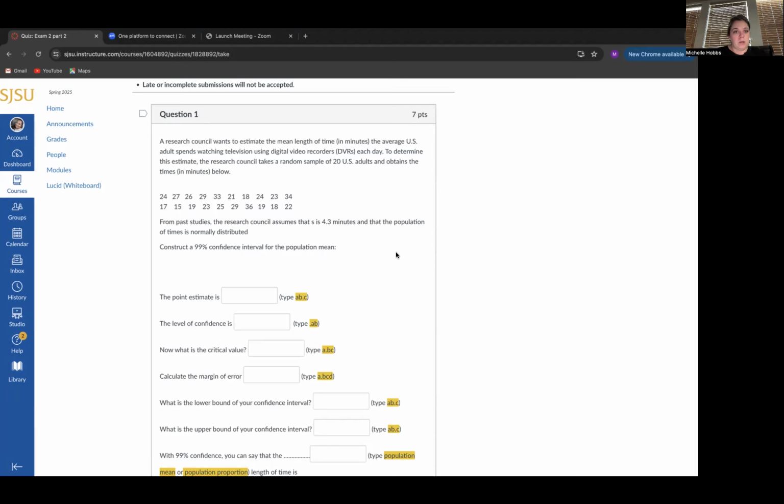A research council wants to estimate the mean length of time in minutes the average US adult spends watching television using digital video recorders each day. To determine this estimate, the Research Council takes a random sample of 20 US adults and obtains the times in minutes below.